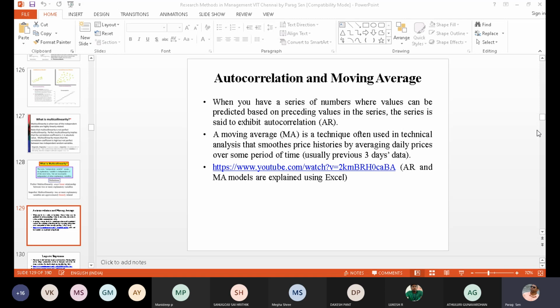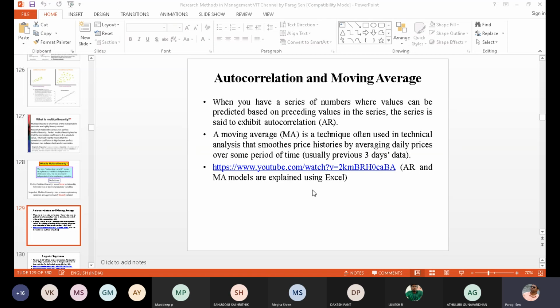Why is this important? A lot of forecasting is done using the autocorrelation technique, or the moving average technique, or the weighted moving average, or in some cases the exponential smoothing moving average technique.